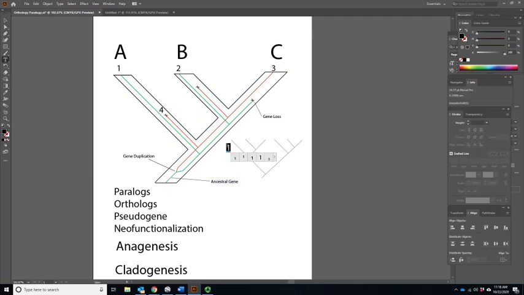Okay, so we have number 5. So we have 6 genes that we have identified when we have identified all of the working genes and all of the pseudogenes. And if we're able to then reconstruct it once we've identified it, what we would see is gene 1, 2, and 6 share a more recent common history, right?